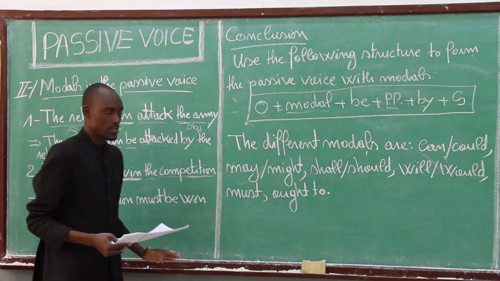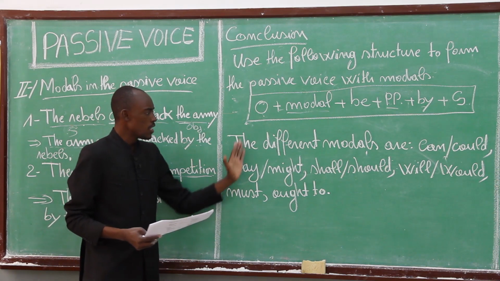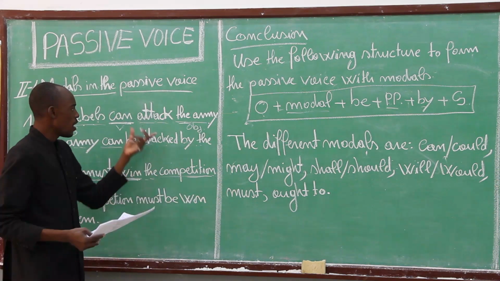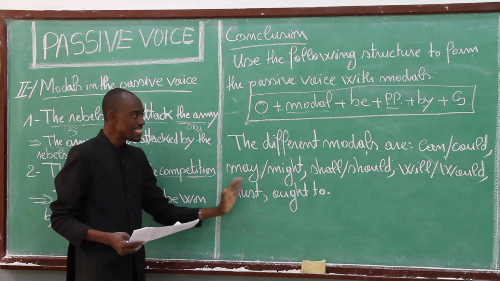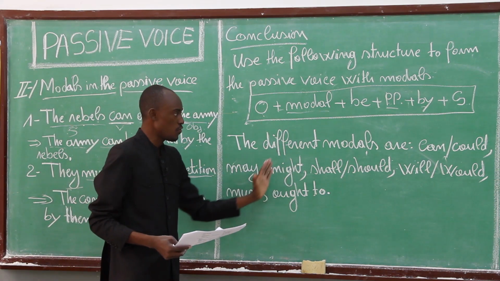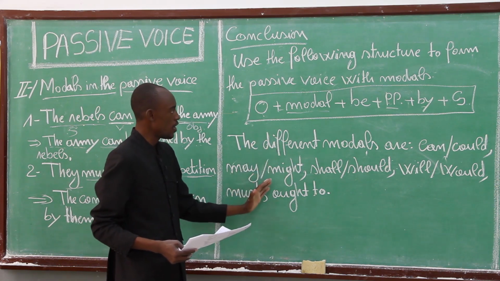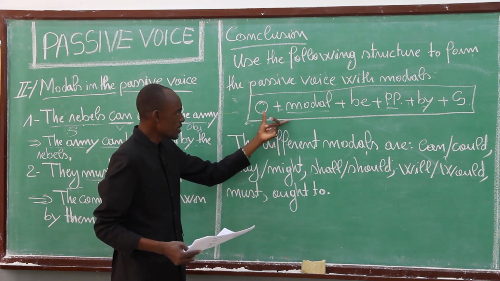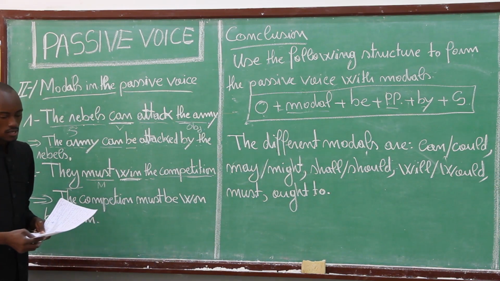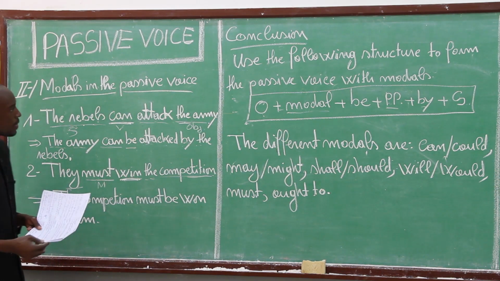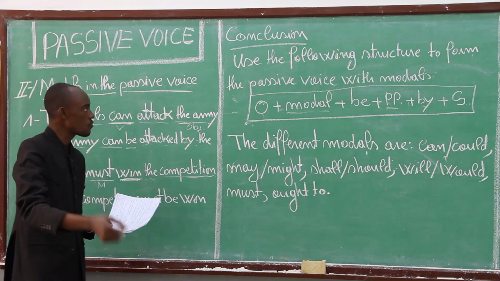These are modal verbs. And when you use passive voice with these modal verbs, use this structure. Yes, this is the second part of our lesson, and you can write.